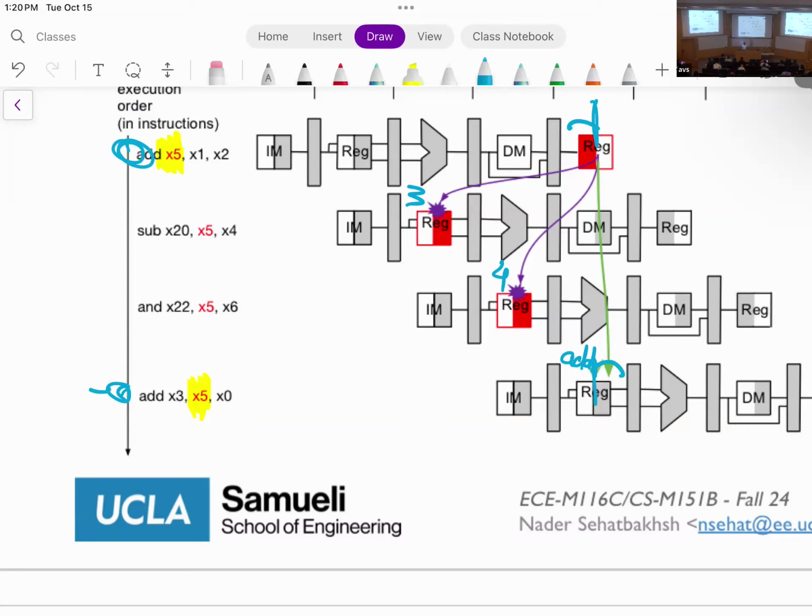As a result, these two do not have any RAW data hazard, because I update X5 in the first half of cycle 5, but I read X5 in this instruction in the second half of cycle 5. So essentially, at most, I'm going to have 2 instructions that potentially have RAW data hazards. The 3rd one is taken care of by the half cycle.